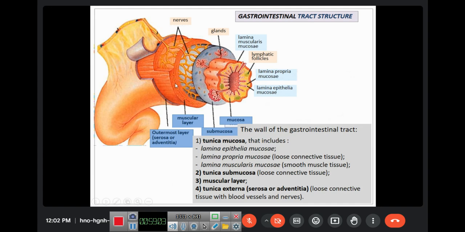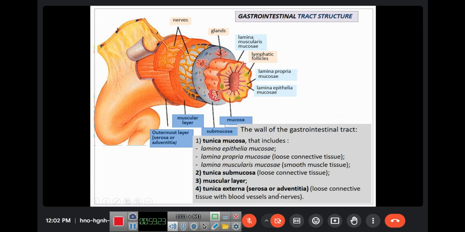Usually it consists of two layers of muscles, inner circular and outer longitudinal layer of muscles. And the outermost layer is called tunica externa. It can be serosa or adventitia.